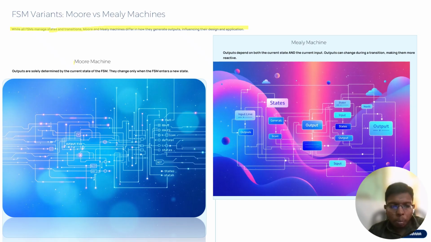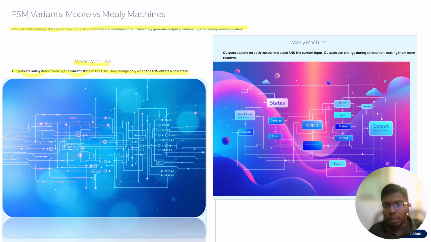First, Moore machine: outputs are solely determined by the current state. They change only when the FSM enters a new state.